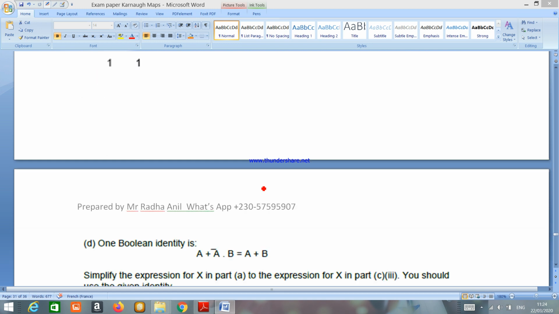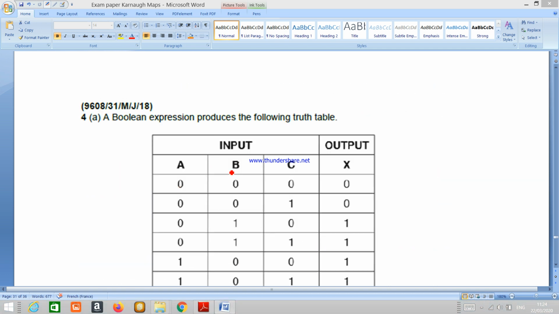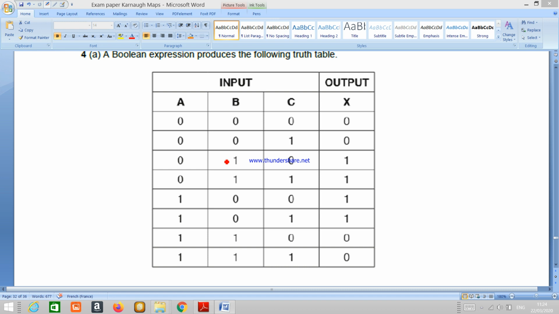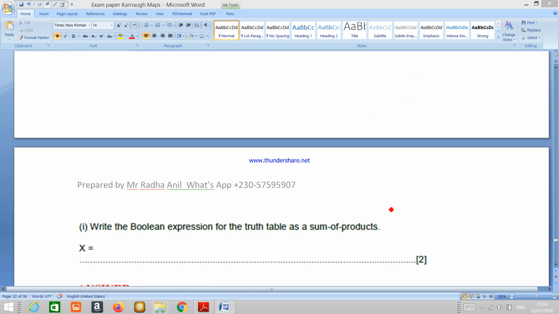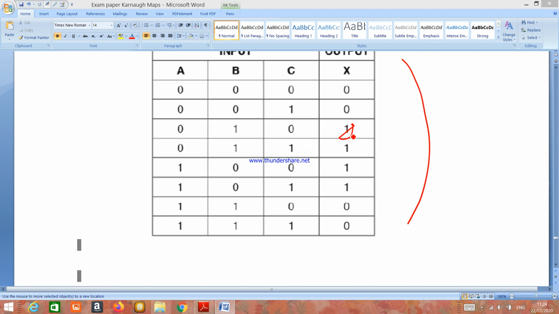Okay, you can work it out, simplify the Boolean identity. Next question. Go faster now. So what is given to you? The truth table is given to you. Now you have to write the Boolean expression. This is simple now. It's very easy. You can go above. You can see you have one term, 2, 3, 4.